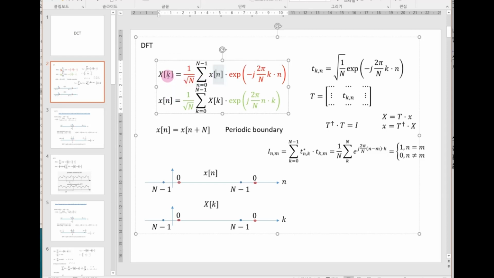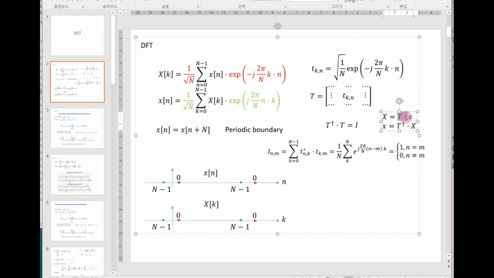So to find the kth harmonic, we need to sum with respect to the sequence. That operation can be interpreted this way. T is the DFT transform matrix. If we take the product of the transform matrix with the original sequence X, that's this calculation. Then we can get the spectral domain.